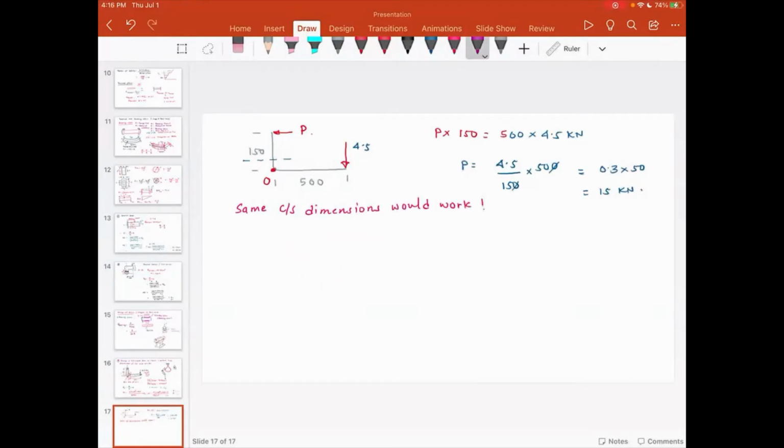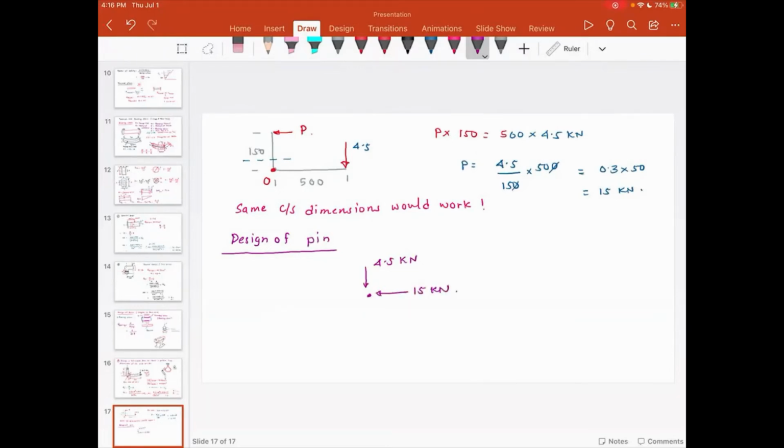Now, the next part is design of pin. And I want you to think about the total load on the pin. If you were to draw the free body diagram on the pin, you are going to have 4.5 kilonewtons going down and 15 kilonewtons going in the left direction.